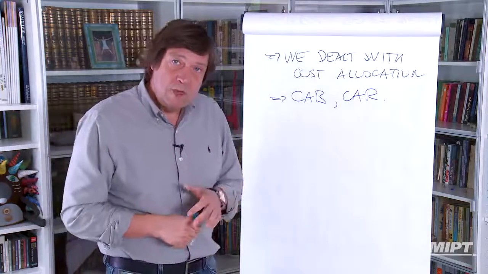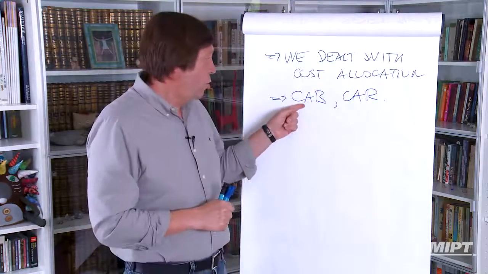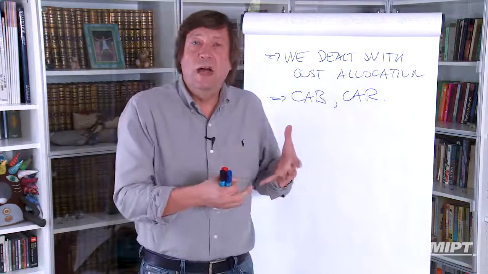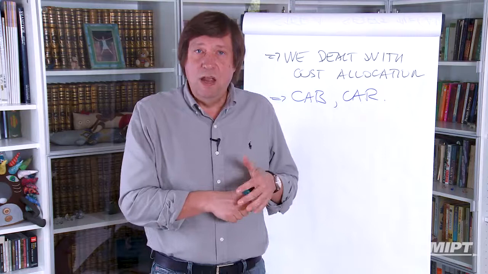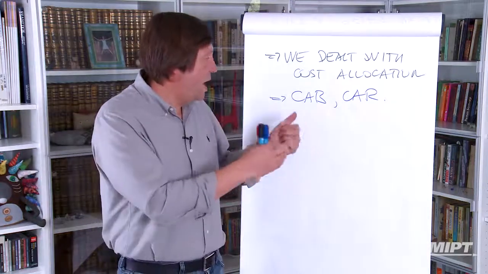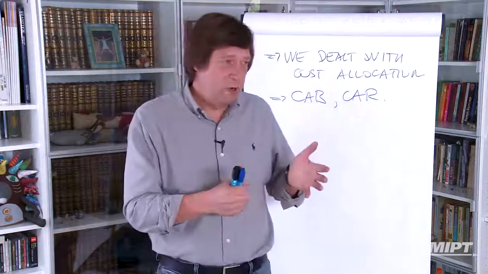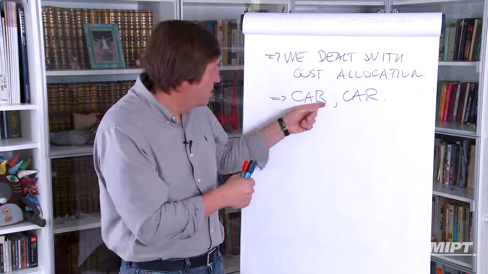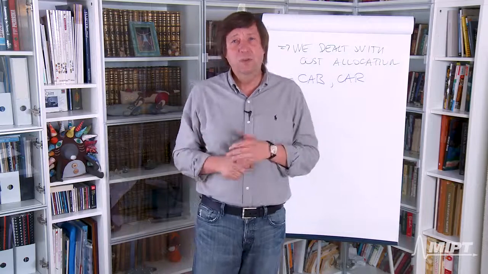Now, let me finalize this week by saying that we dealt with cost allocation. And in this process, we said that cost allocation bases and cost allocation rates, that was an important result. But in this part, we took cost allocation bases as something material like a product or a batch of products. And then we saw that the cost drivers were closely linked to some numbers of man hours. What if we changed the view?